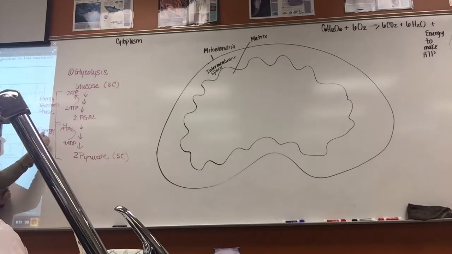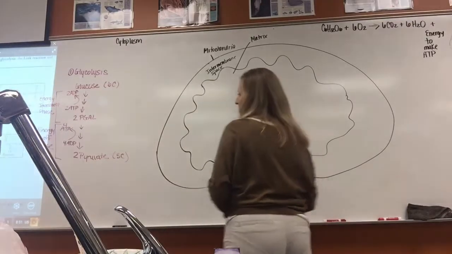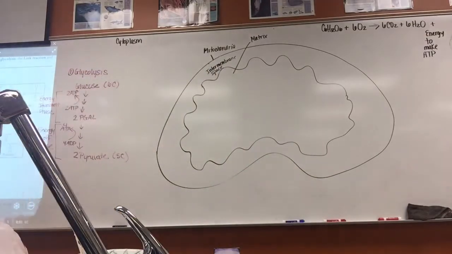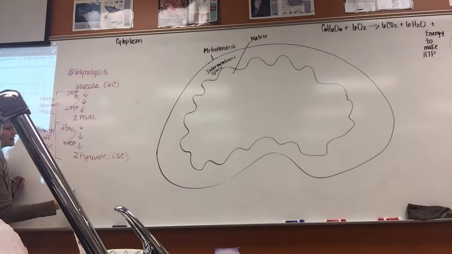So it pays off that we put a little bit of energy into it because we're getting more than we put in out of it, and so therefore we get a net gain, and the net gain is what from glycolysis? Net gain of ATP. Yeah, your net is 2, so we used 2 but got 4, so then our net gain is 2 ATP. So I'm going to put this down here with a little bubble around it here.